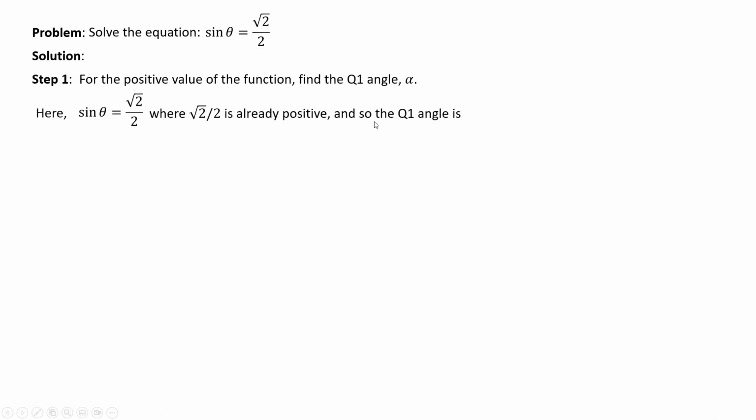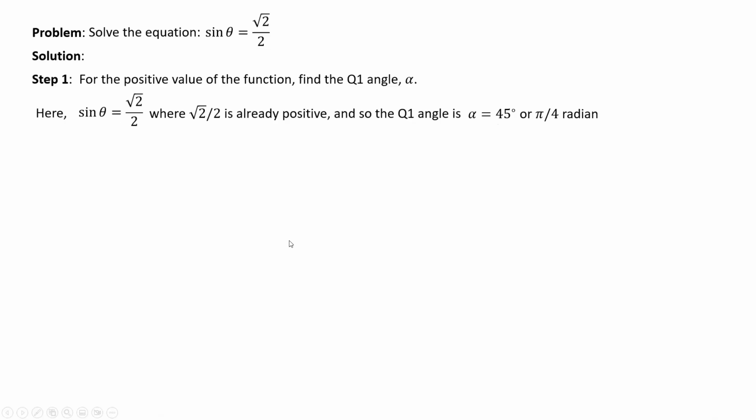And so we can just simply jump to figuring out what that angle alpha is. So the Q1 angle, where sine of this is equal to square root of 2 over 2, like we discussed, is 45 degrees. So I'm saying that alpha is 45 degrees, or in radian, pi over 4 radian. Cool.